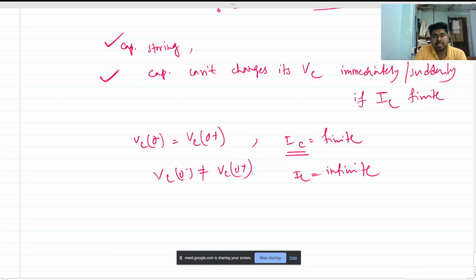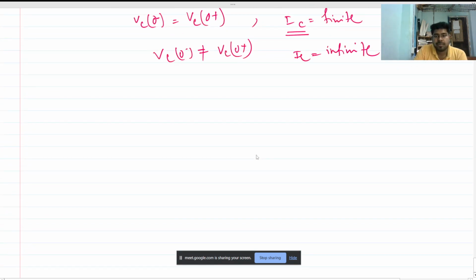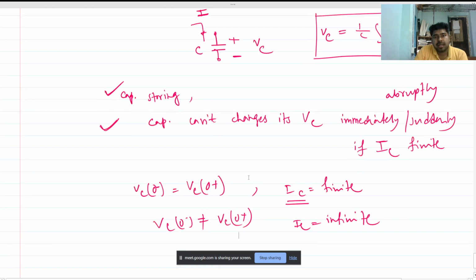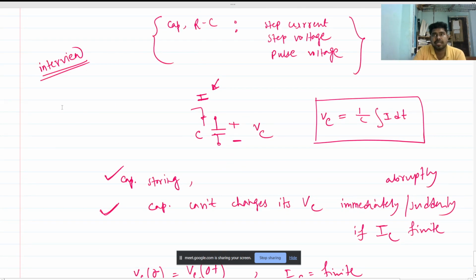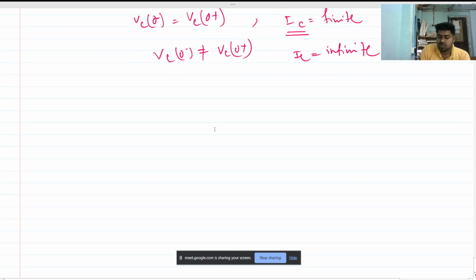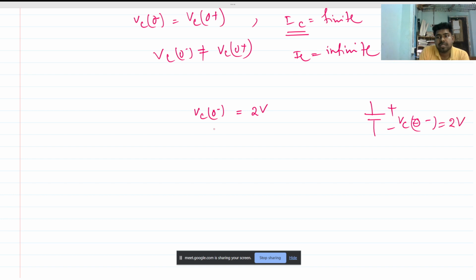Now let's have an interview level question. To solve capacitor or inductor problems, there will be some initial conditions. Say a cap is charged at t equals 0 minus to 2 volts, with plus and minus terminals as shown. We connect a voltage source of 5 volts.